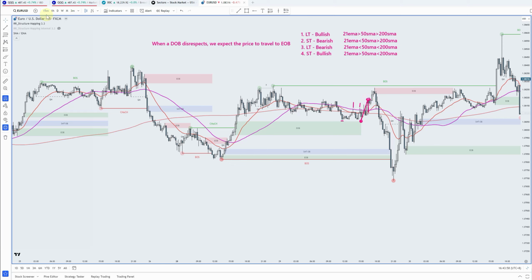We are on the 15-minute time frame, that's why you can't see it, but you are on the 3-minute range, and also the 15-minute has turned bullish, and now you are looking for a buy here, targeting the external range liquidity. So rather than buying on this confirmation entry on the 3-minute time frame, when the 15-minute also turns into longer-term bullish, it's your time to buy.